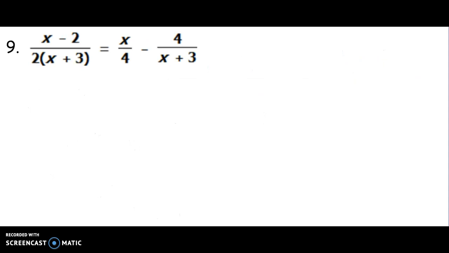Here we already have it factored. So my LCD here is going to be the common smallest number that both of these will go into, which is 4, and my factor is x plus 3.